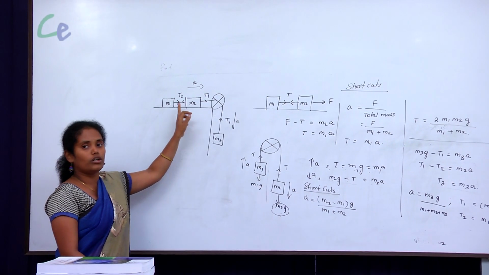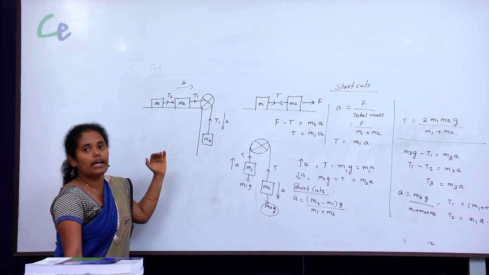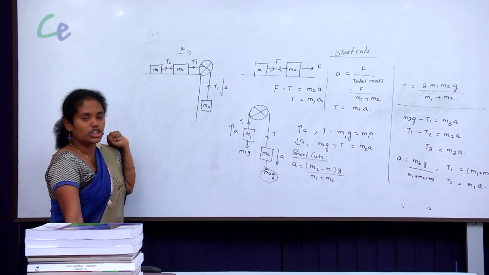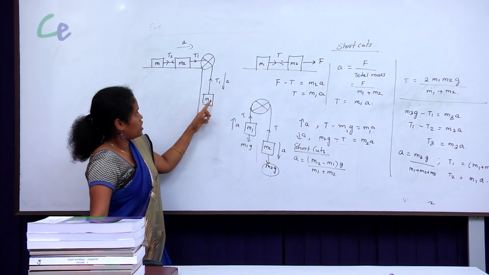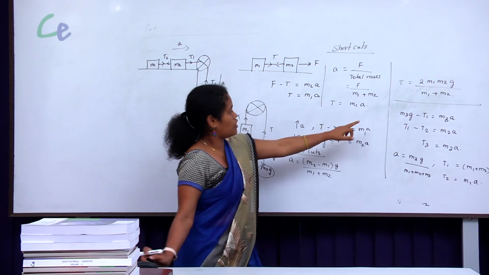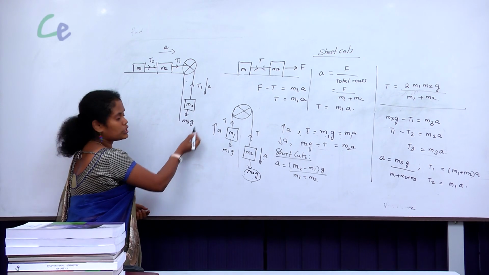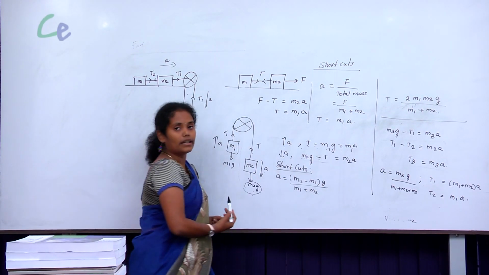Three objects of mass m1, m2 and m3 are connected in such a way. Here we will be asked to calculate acceleration, tension T1 or tension T2. Now, we are going to write the equations. For the object m3, as it is accelerating downwards, the downward force is positive: m3g minus T1 is equal to m3a.